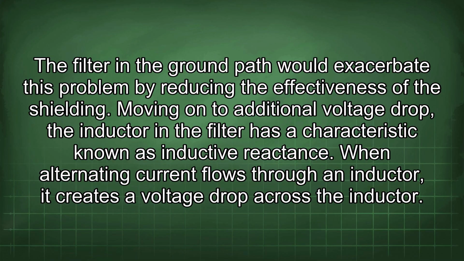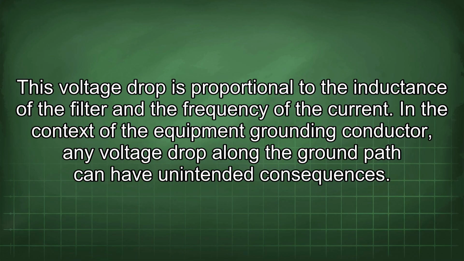Moving on to additional voltage drop, the inductor in the filter has a characteristic known as inductive reactance. When alternating current flows through an inductor, it creates a voltage drop across the inductor. This voltage drop is proportional to the inductance of the filter and the frequency of the current. In the context of the equipment grounding conductor, any voltage drop along the ground path can have unintended consequences.